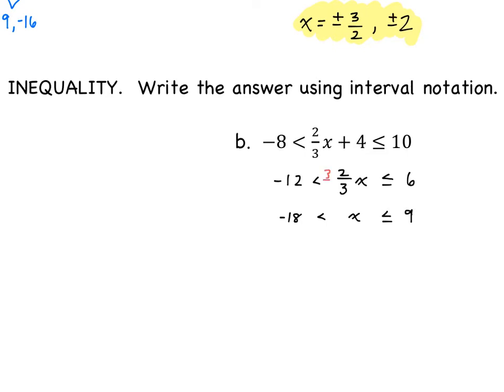So I can multiply the middle by 3/2, and then I'll have to multiply this side by 3/2, and then I'll have to multiply this side by 3/2. And by doing so, we get our inequality for our answer. But again, we have to write this in interval notation. So go ahead and do so, and I will do so at the same time, and we'll check back. Okay, so it should be parenthesis -18, comma 9, bracket.